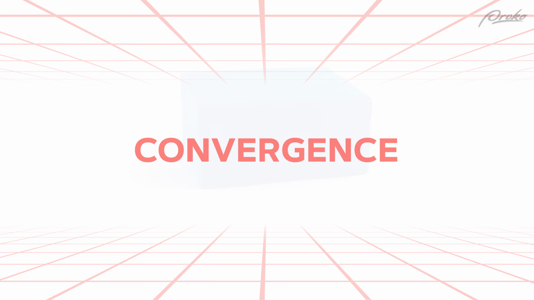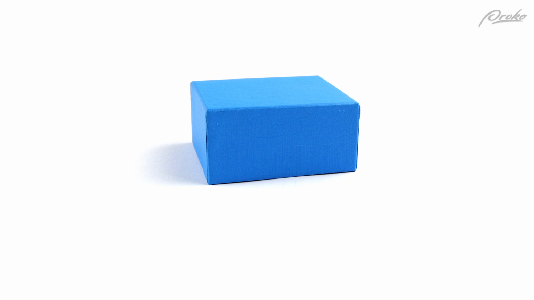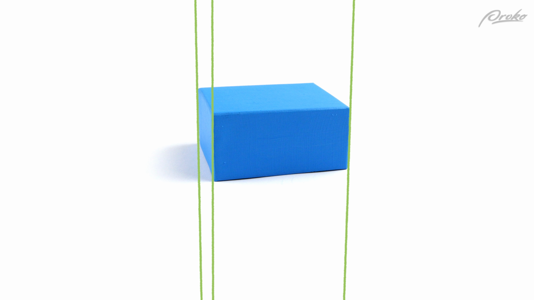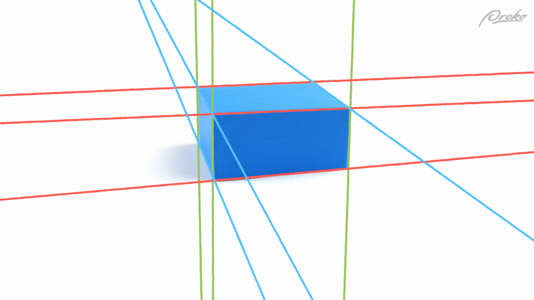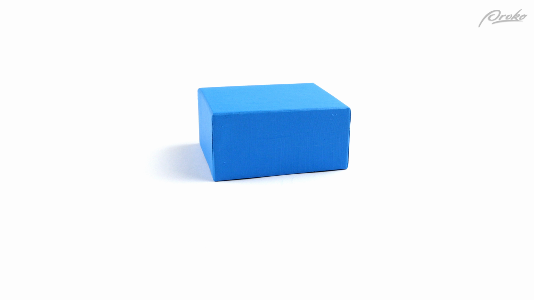Now let's get specific with how they get small. Convergence. Parallel lines meet at vanishing points. Every line on this box is one of 3 sets of parallel lines: up, down; left, right; and forward, back. Here is a law of perspective. When parallel lines go away from our face, they meet somewhere out there.